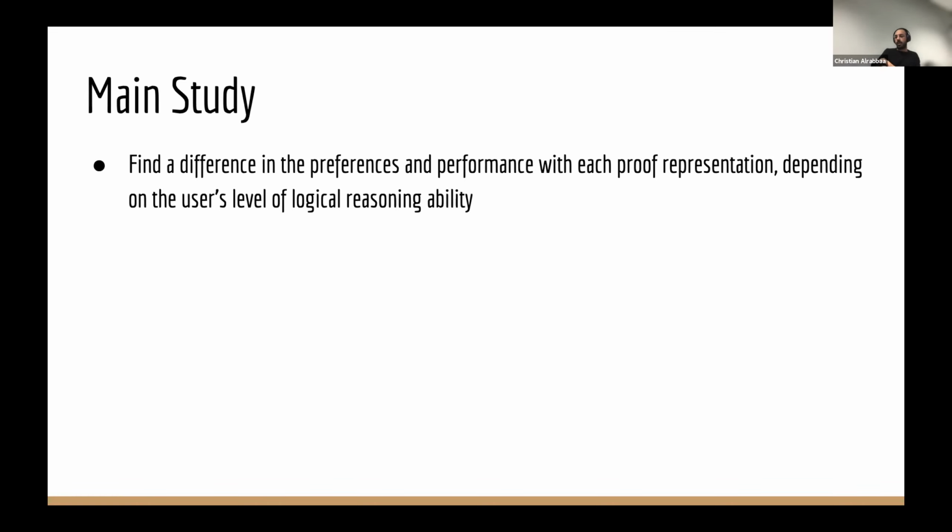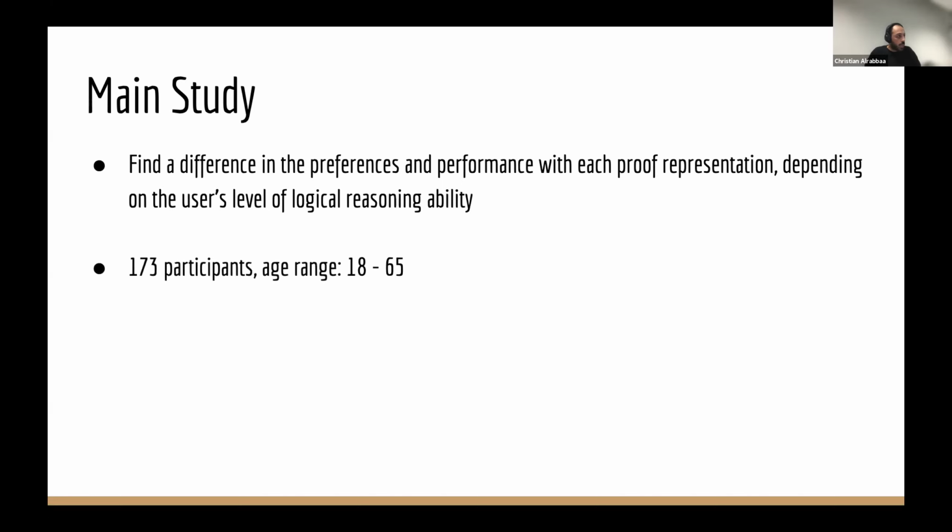The purpose here, what we are trying to achieve, is to find the difference between the preference and the performance of users with respect to different proof representations, with respect to the different types of users that we're showing these proofs. What we're trying to establish here is that different representations are suited for different types of users.